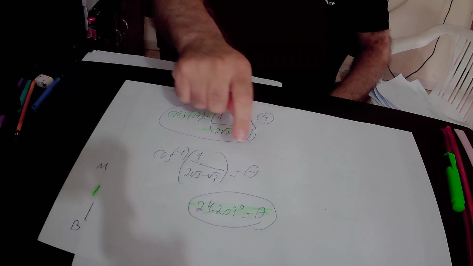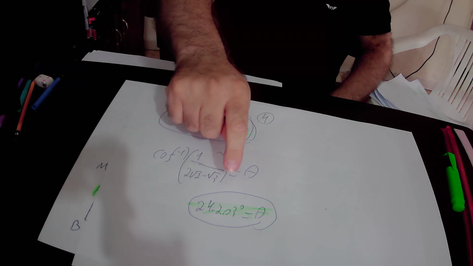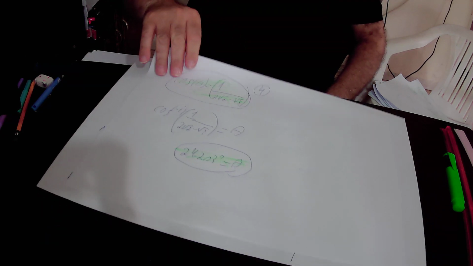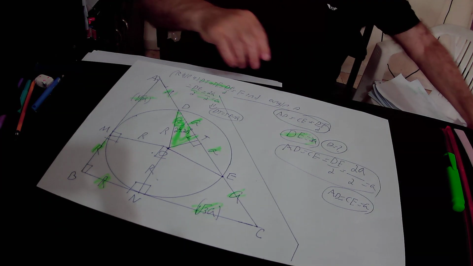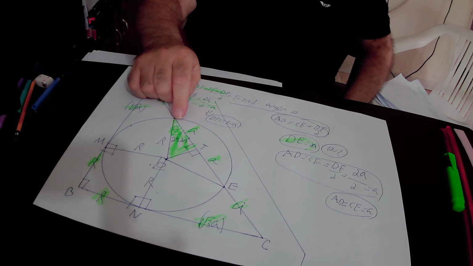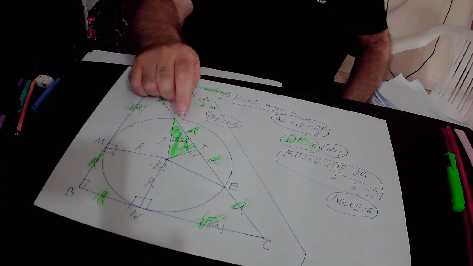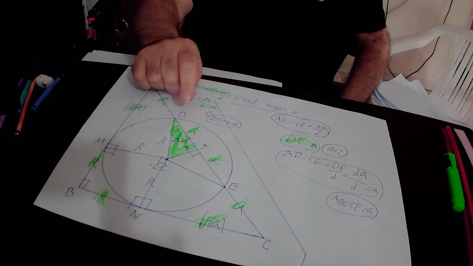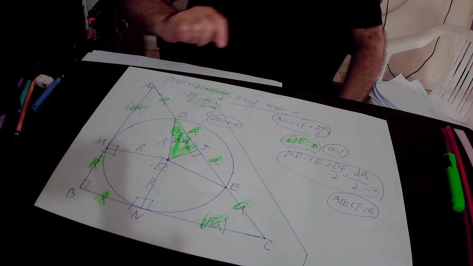That is to say, theta equals 24.203 degrees. So the answer to the question is that the size of this angle theta is equal to 24.203 degrees. Okay, thank you very much.